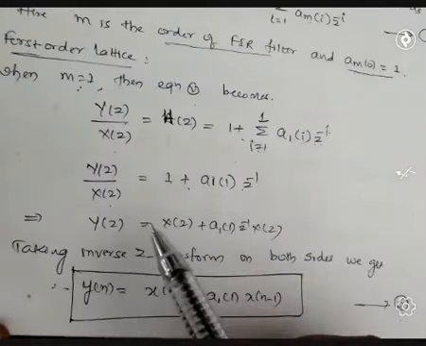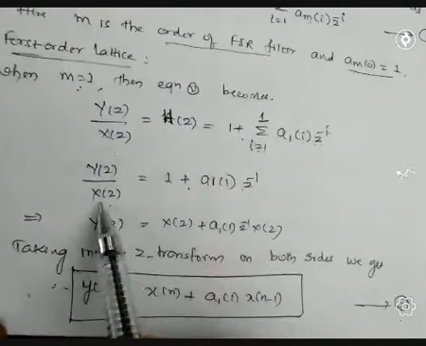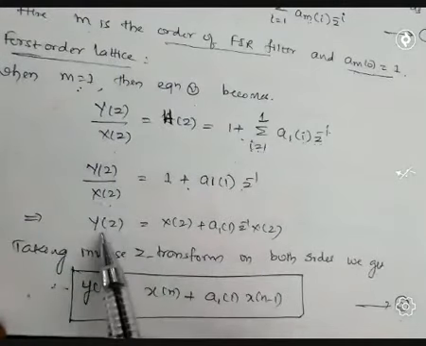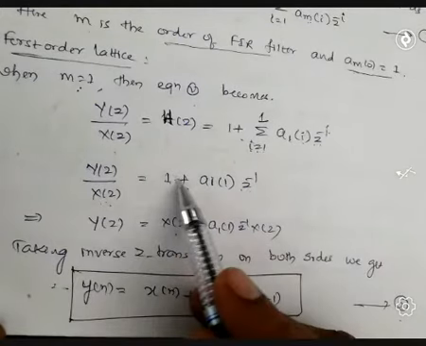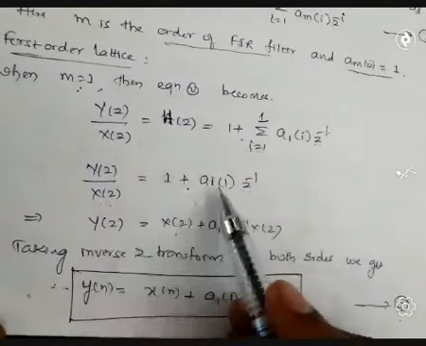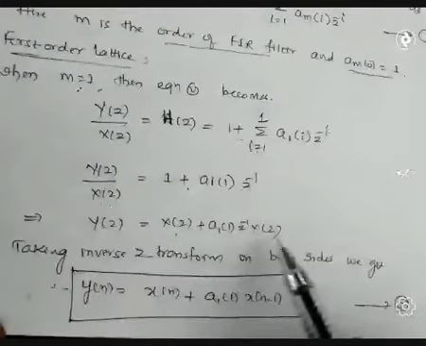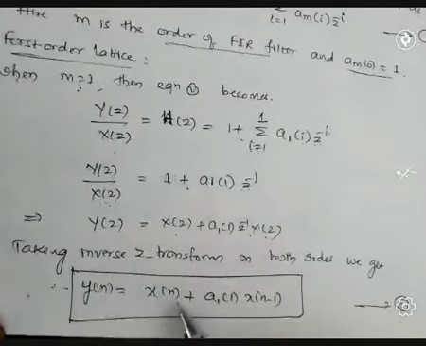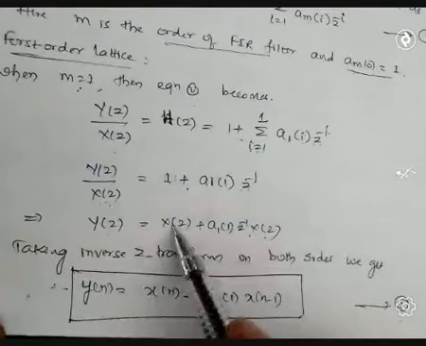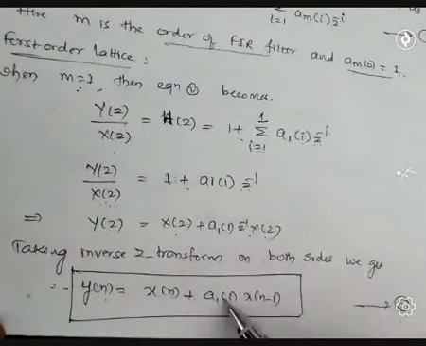Then let's do the cross multiplication, taking X(z) to the right side. Then it becomes Y(z) equal to X(z) plus a_1(1) z to the power minus 1 multiplied by X(z). Let us take the inverse z transform for this. Then we get y(n) equal to x(n), the inverse z transform of X(z) is x(n), plus the coefficient a_1(1) as it is.